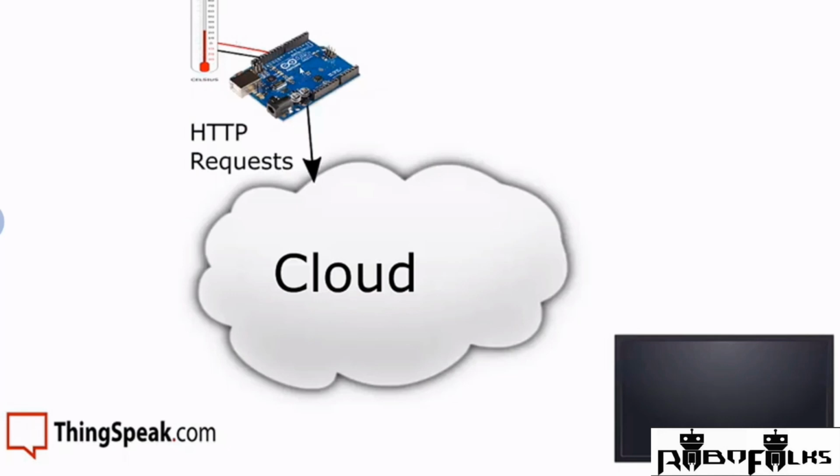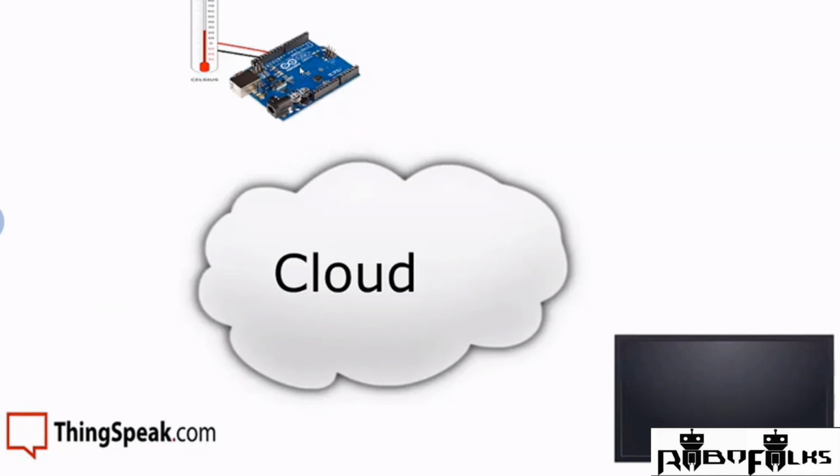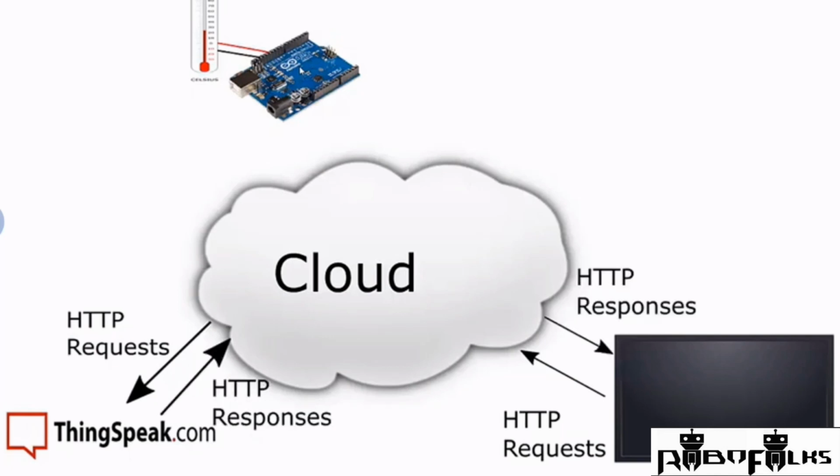The microcontroller sends an HTTP request to the ThingSpeak server through the cloud, and an HTTP response is created which is sent back to the microcontroller. Now data is stored in my database. If I want to retrieve data on my screen, then I will generate an HTTP request to the cloud, and then I get back data in the form of an HTTP response.